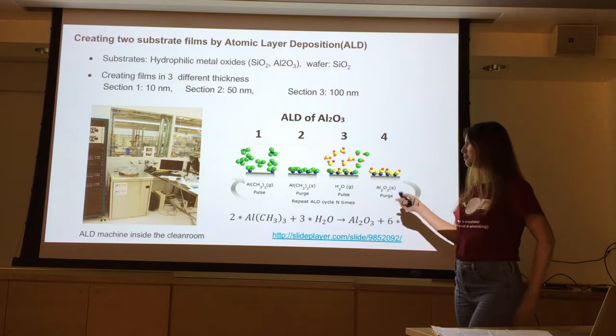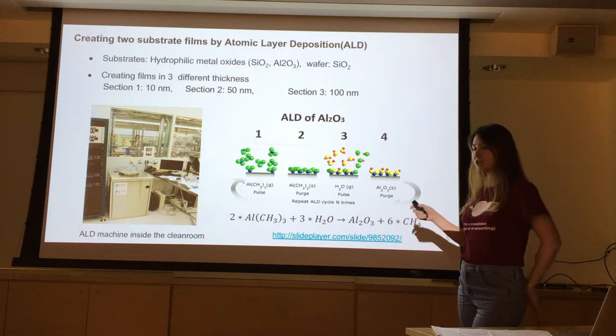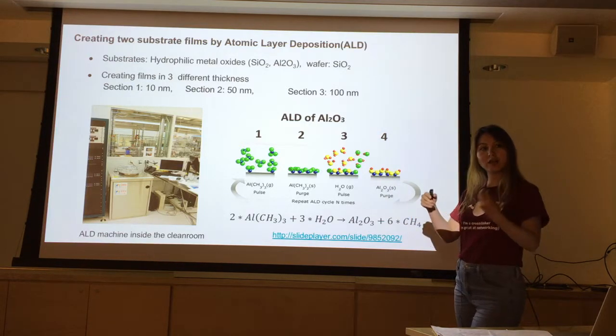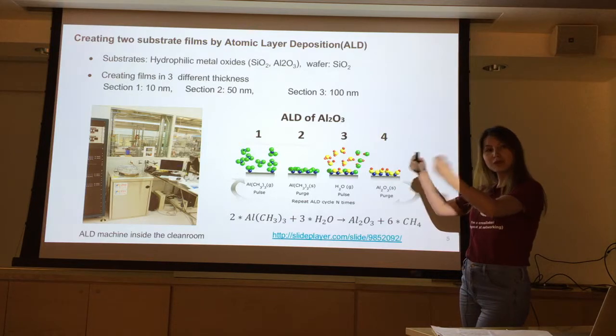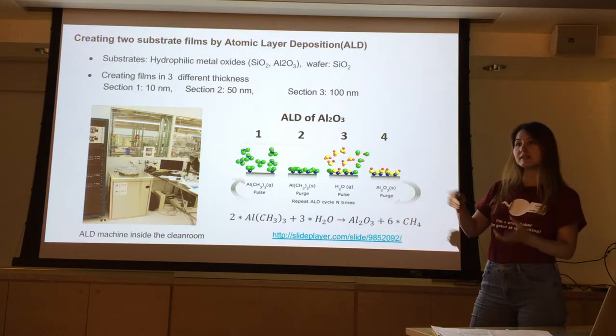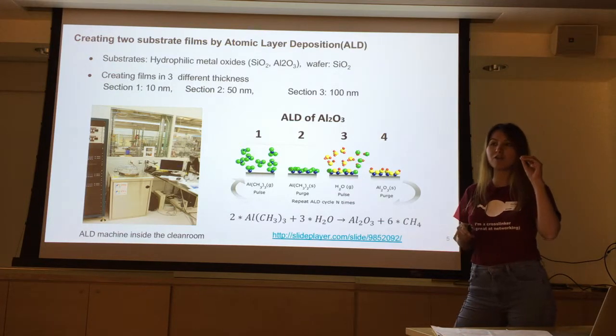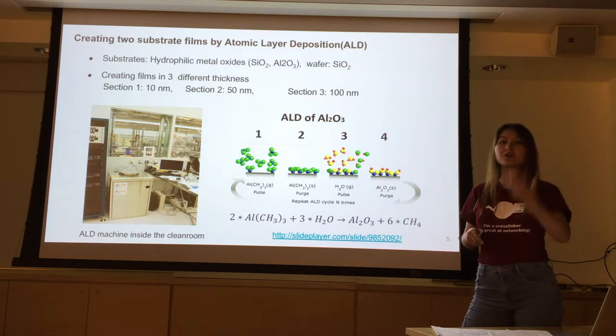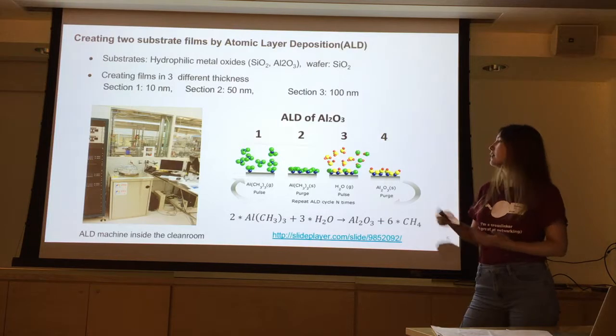In the ALD machine, I told you I planned to create these thicknesses, and here is how I do that. Each cycle creates a specific amount of film in the ALD machine.